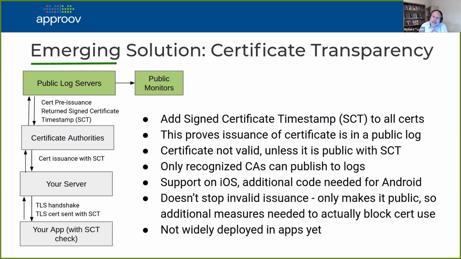But what it's saying is that for any certificate to be valid, if you enable this particular feature, it must be provably in the public log. So the idea is that you can monitor this public log, and if a certificate turns up that you don't know anything about or wasn't issued by you, then you can put some mechanism in place to block communication using that certificate.